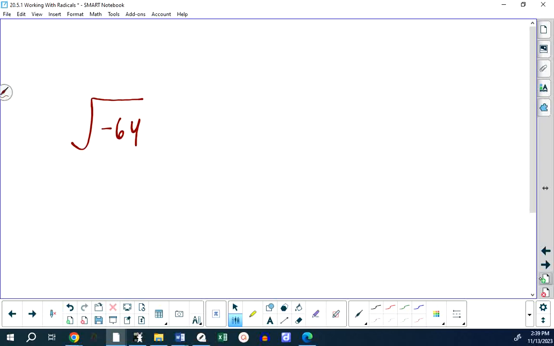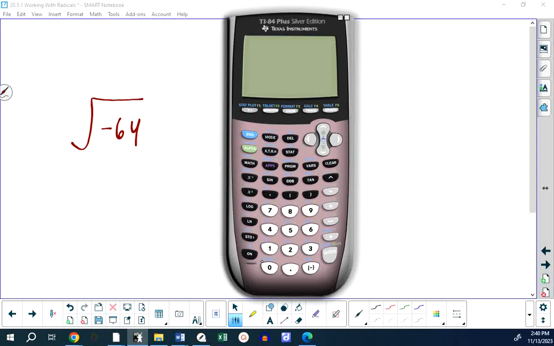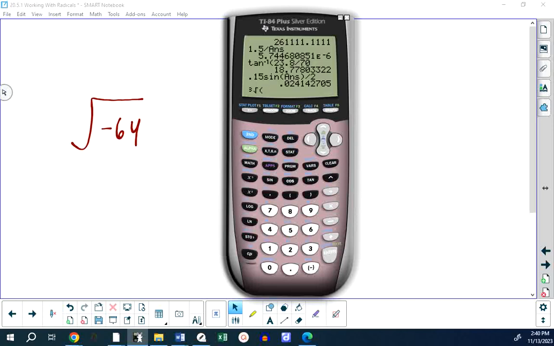It means what number do you square to get negative 64. Well, when you square a number, you're always going to get a positive. Right? And this is why I think your calculator is going to call it a domain error. If I say, well, I want to figure out the square root of negative 64, I get slapped on the hand by my calculator: oh, non-real answer. I'm trying to take the square root of a negative.